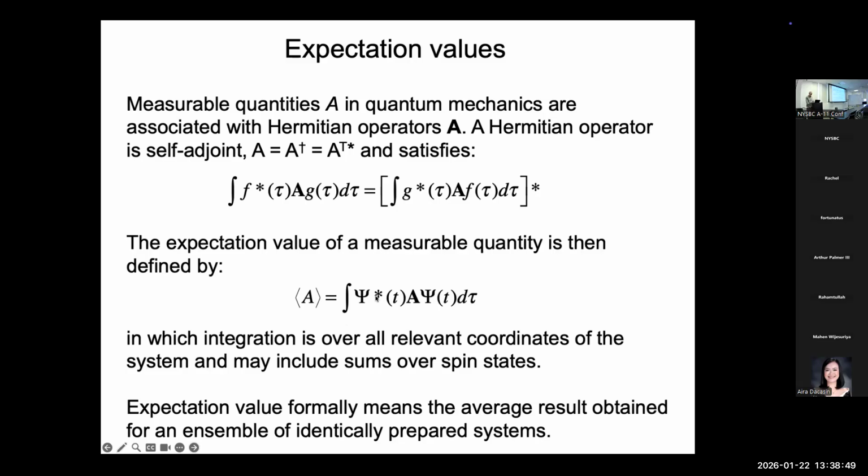It's multiplied by the complex conjugate of the original function, and you integrate, and the result is what's called the expectation value, for us the result of a measurement. In quantum mechanics, it means the average of the result for a large number of identically prepared systems. And we'll have to generalize that notion very quickly.